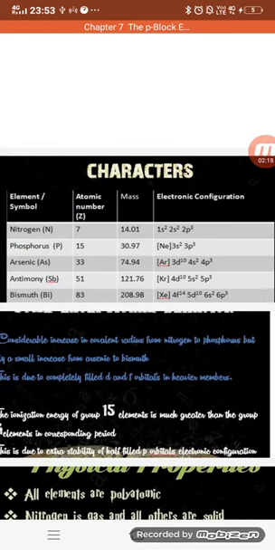Now, if you compare nitrogen and phosphorus, you will see that the valence shell enters into the third shell, and in the third shell a d orbital is also there, although it is not filled. As a result, the 3s2 electron can get promoted and, involving the d orbital, an sp3d hybrid orbital can be formed.